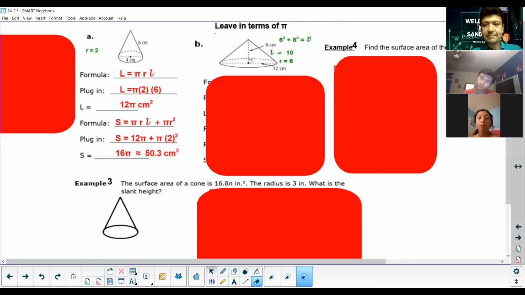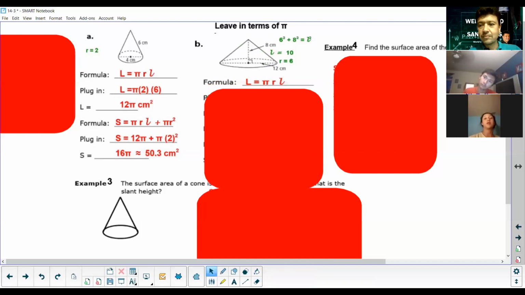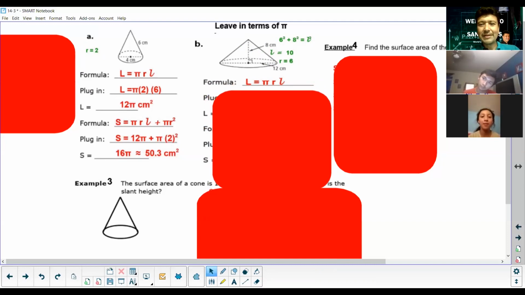What would you do next? Look at the formula. What needs to go in there? What is R? R is 6. How do you know? Because it's R equals 6.